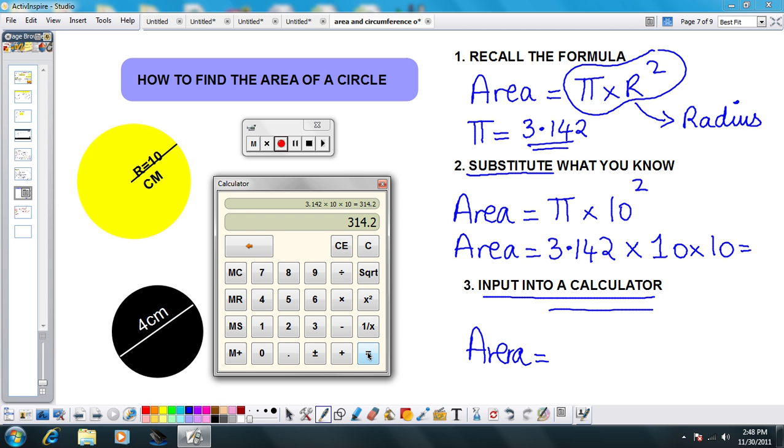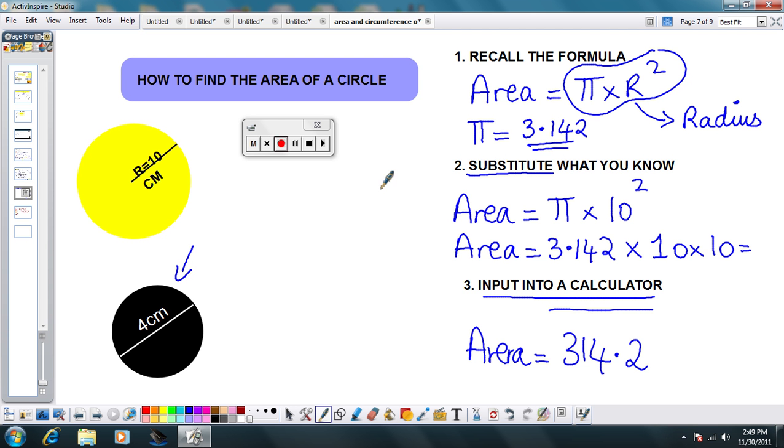And that gives us 314.2. Okay, I hope that helps. Now what you can do is just pause this video and take the notes in your exercise book, if that helps. Now the next example I'm going to show you is when you have a circle, this black one here, and instead of having the radius you have a diameter. What do you do if you have the diameter given to you?